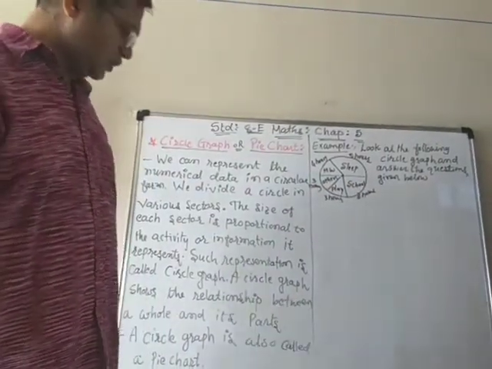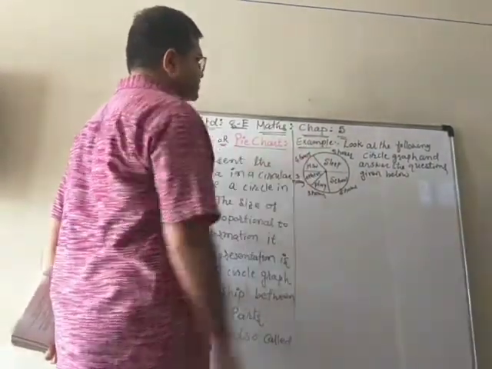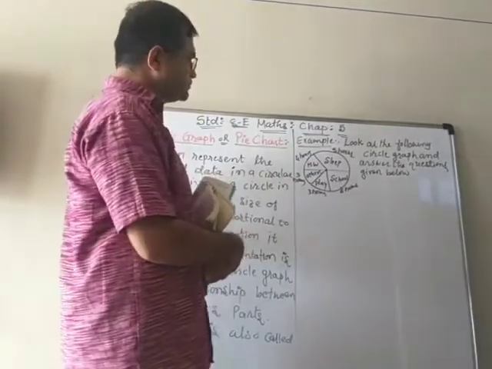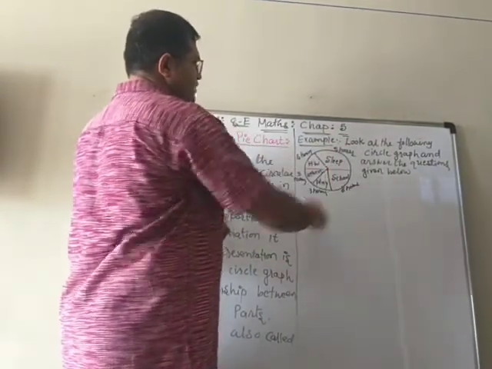Look at the pie chart or the circle graph. Some sectors are shown here. Some have big parts, some have smaller parts, some have medium parts.